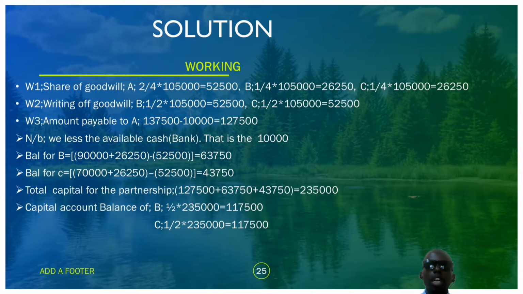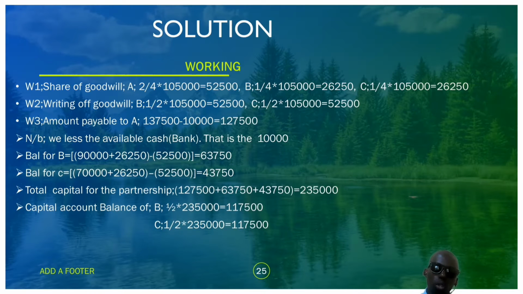Then the remaining should be contributed in some other ways. So we subtract 10,000 on the bank account, and we are remaining with 127,500. Like I've said, we less the available cash in the bank, that is 10,000.